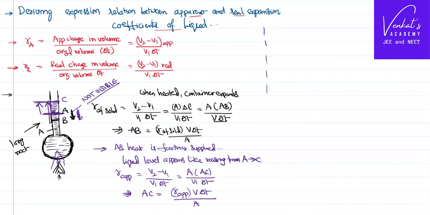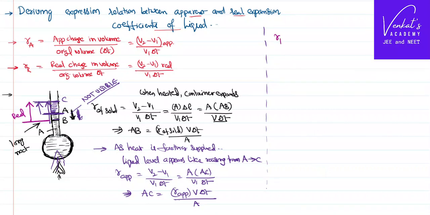Now, the liquid has actually risen not from A, rather it has risen from B to C, because the liquid had fallen from A to B because of the volume expansion of the solid.